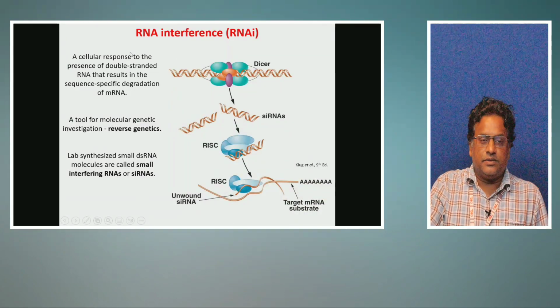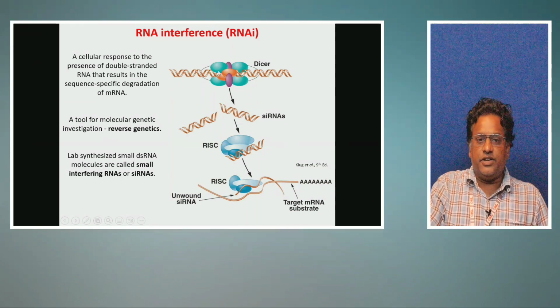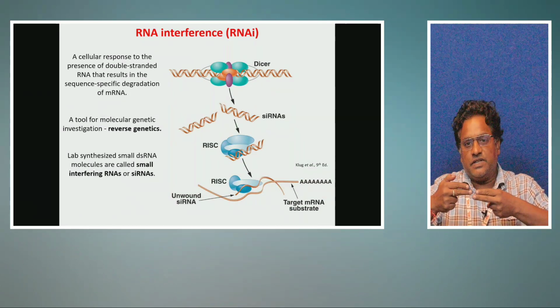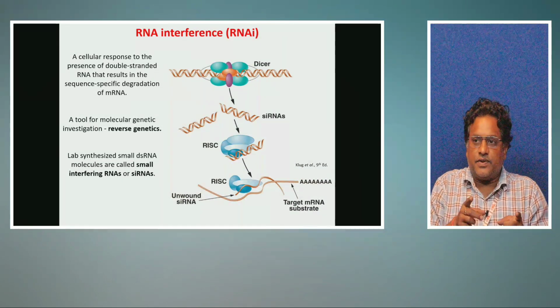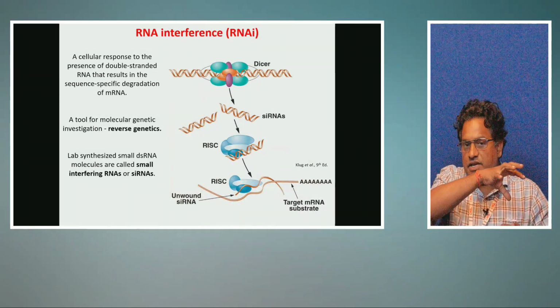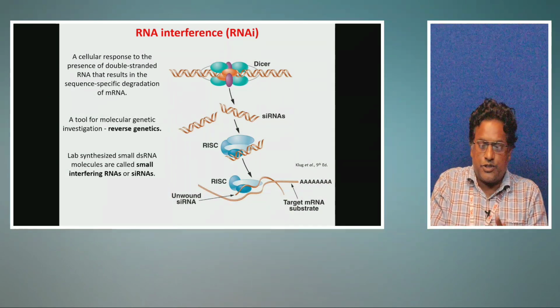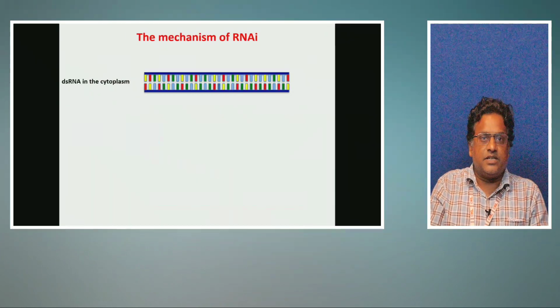This is the cellular response to the presence of double-stranded RNA, resulting in sequence-specific degradation. For example, for a cell coding for an RNA involved in cancer, the complex recognizes that element and sits on it so as to stop the expression of the RNA.